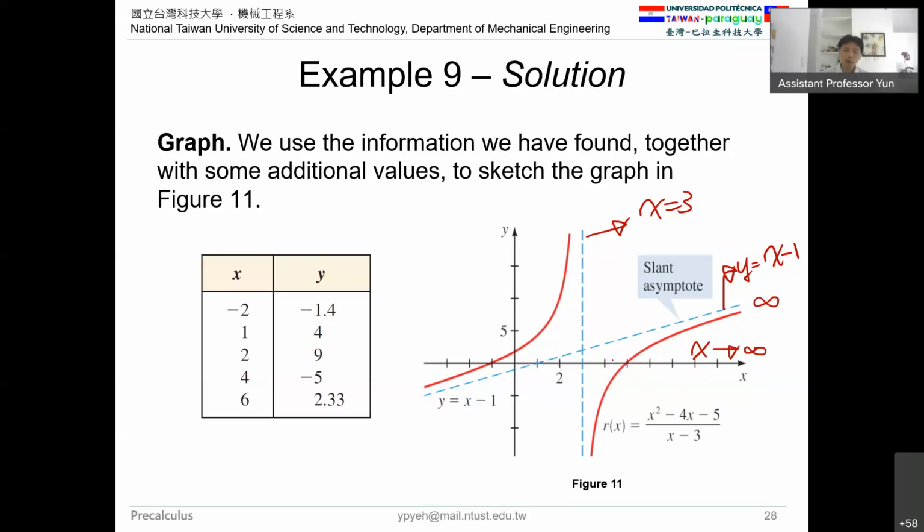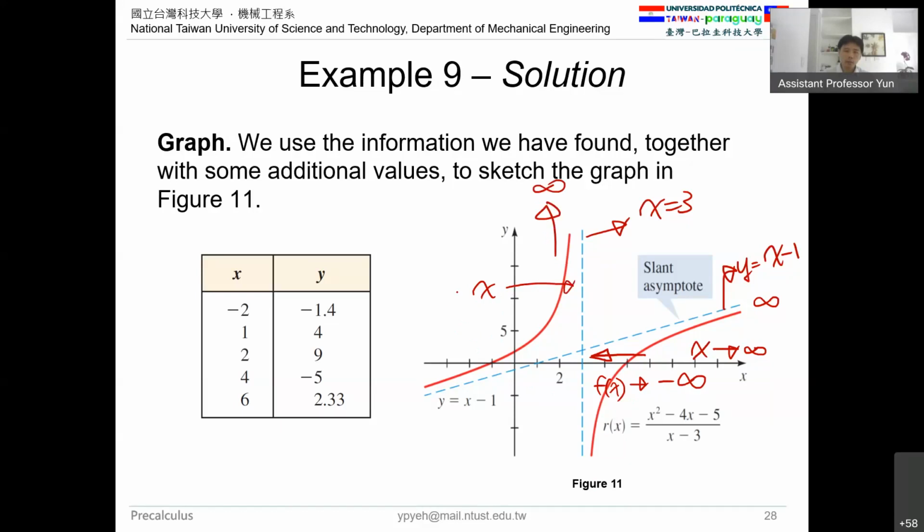When x approaches 3 here, f of x will approach negative infinity, which will approach these directions. Or when x approaches this part here, the function will approach positive infinity.